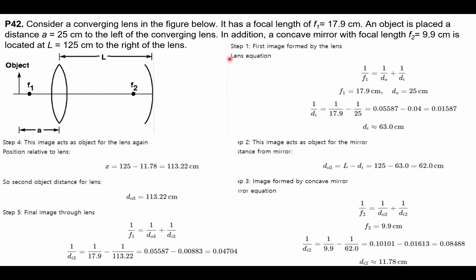One is the lens equation for this lens, and this serves as an image. This serves as an object of the mirror, and then you get the image, di2. And once again, this serves as an object for this lens to get the final image. So you have three steps.